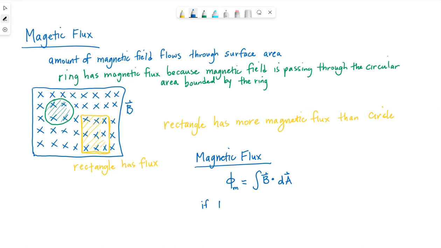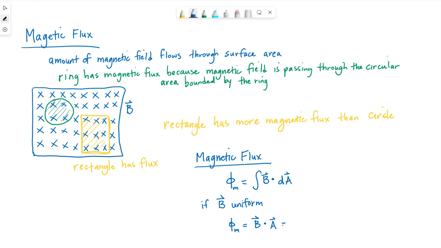If we have a region where the magnetic field is uniform, meaning it has the same value everywhere in the area at the same time, then we can pull B out of the integral. The integral of dA is going to be the total area of that circle or ring or the rectangle.